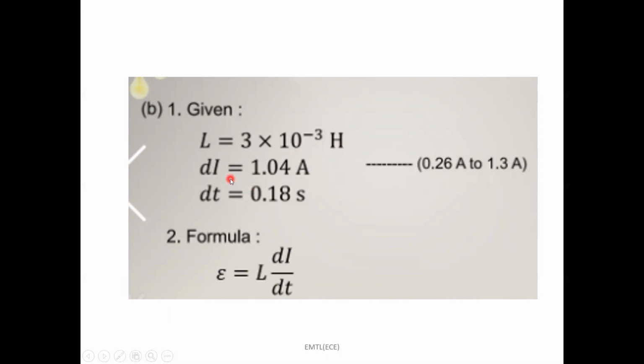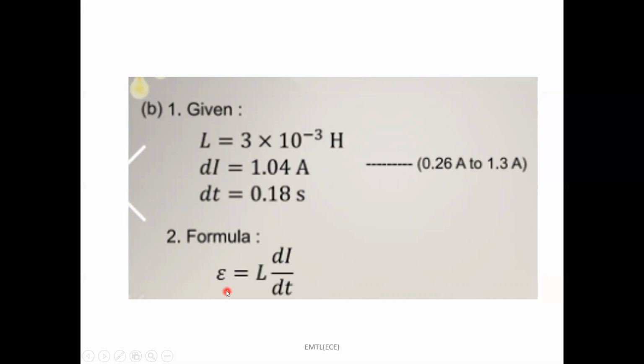Now the change in current with time, that is from 0.26 amperes to 1.3 amperes. The change in current is obtained by simply subtracting these two values: 1.3 minus 0.26 is equivalent to 1.04. And the change of time is clearly given in the problem, that is dt is equivalent to 0.18 seconds. So we have to calculate the self-induced EMF, that is electromotive force.